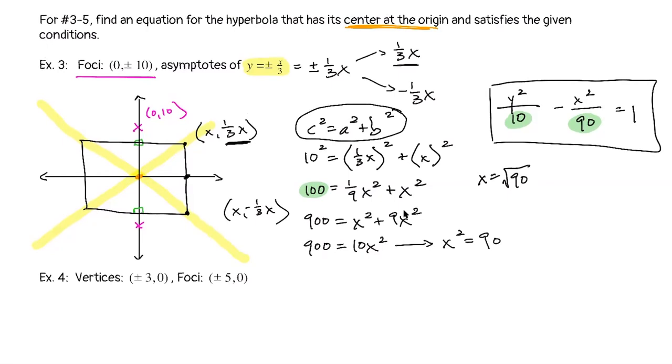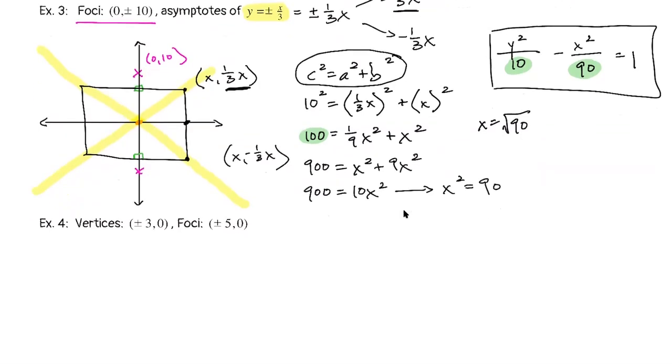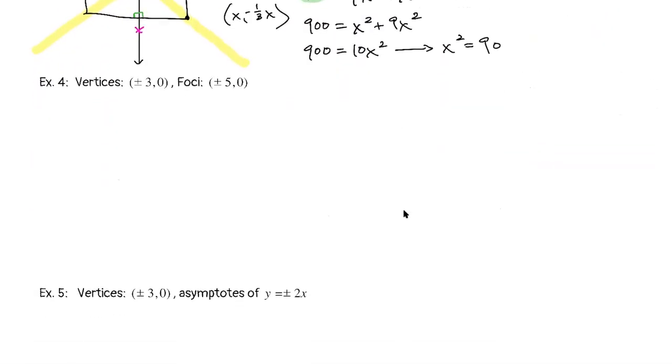All right, let's take a look at example number 4. I think example number 4 is going to be a little bit more straightforward, but we're still going to have to do some work to find some of the missing numbers, okay? So we have vertices and we have foci. And so we're going to start, same thing, by drawing a graph, sketching it out so we can see what it is that we're looking for.